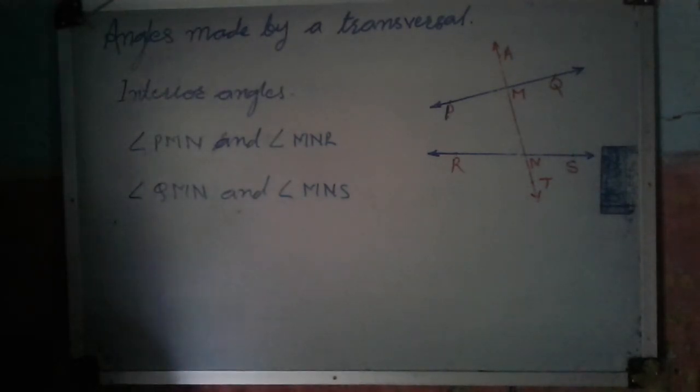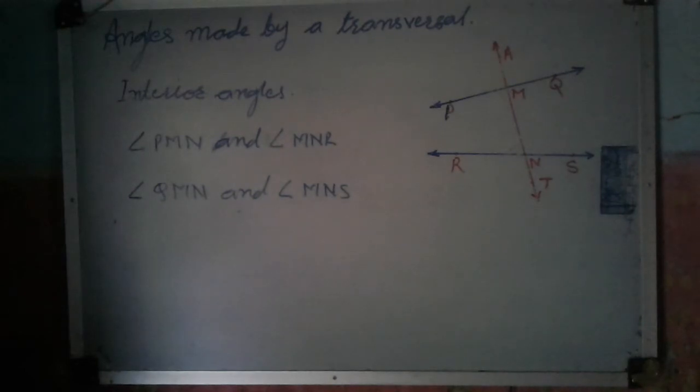We can find the interior angles using this property: a pair of angles which are on the same side of the transversal and inside the given lines is called a pair of interior angles. There are only two pairs of interior angles.